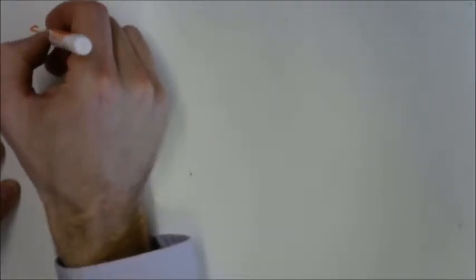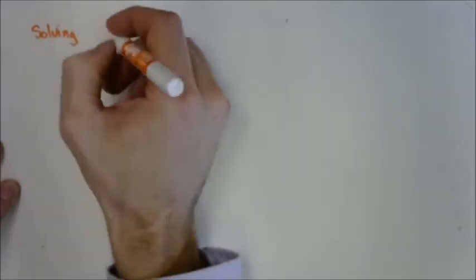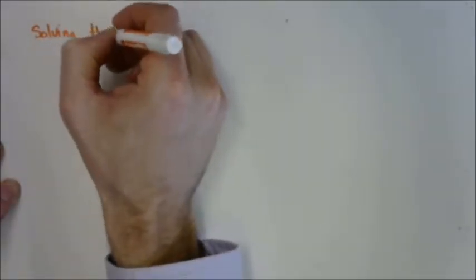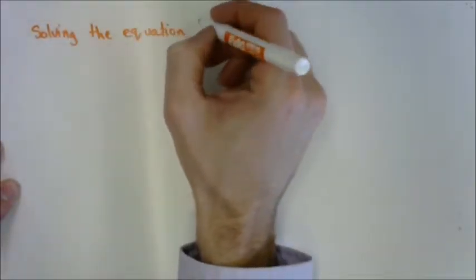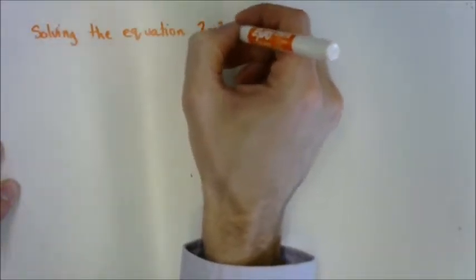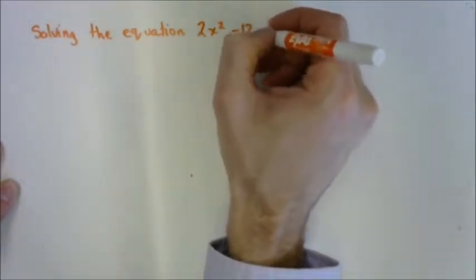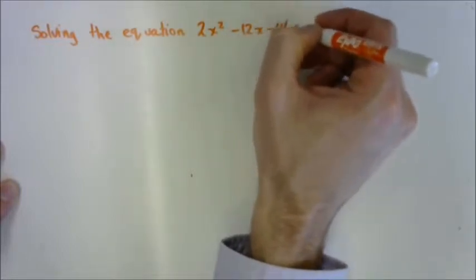So solving the equation, in this case we solved 2x squared minus 12x minus 14 equals 0.